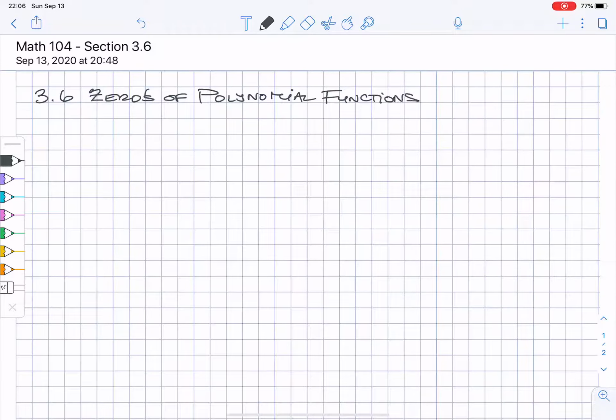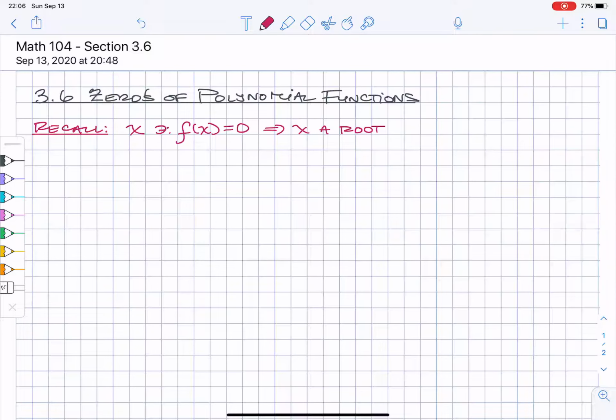Let's recall. X such that f of x equals 0 implies x is a root. And a root is the same as a zero.